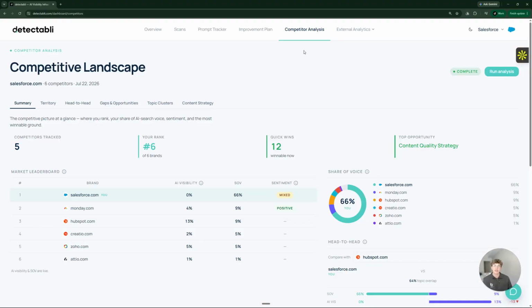Moving on to our competitor analysis module. This is a module that we have built to help you and your brand understand your exact competitive landscape and to help identify gaps and opportunities to either build and secure your AI visibility presence or to take over some of your competitors' prompt space.